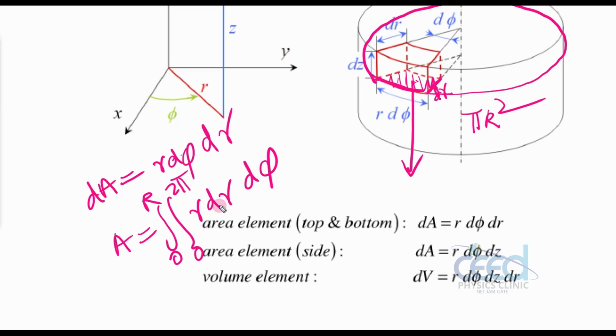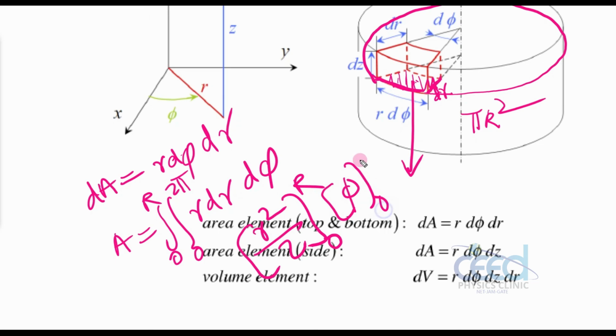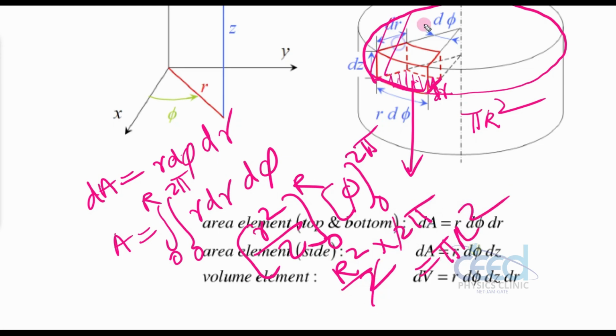When you integrate r dr you get r square by 2 from 0 to r, and d phi on integration gives phi from 0 to 2 pi. That is r square by 2 into 2 pi, so pi r square. So you will get the area of this circle.